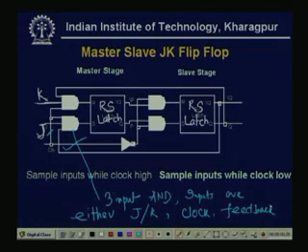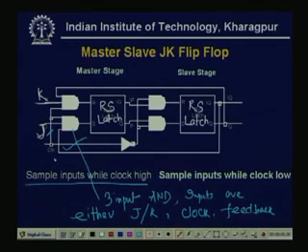See, this samples the inputs while the clock is high, that means the input will be enabled only when the clock becomes high. So, the first RS latch will take the input when the clock is high.